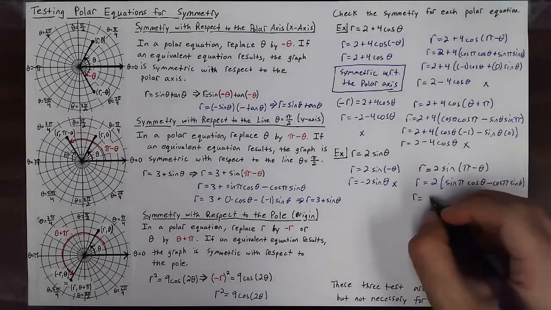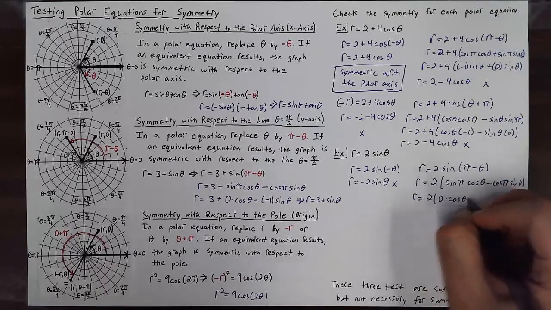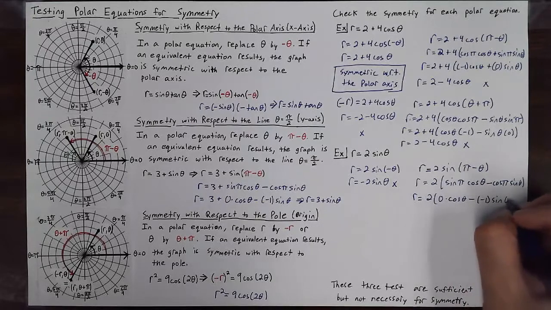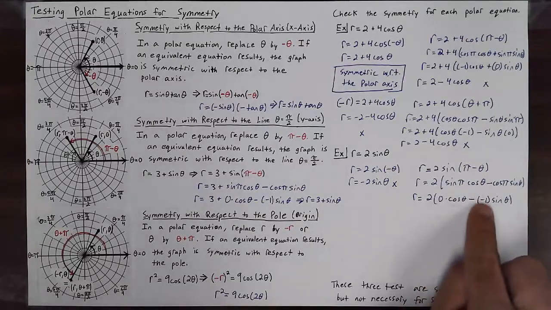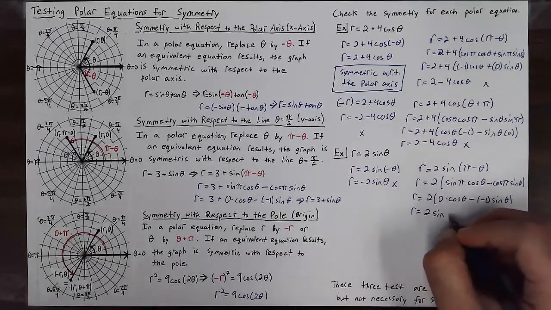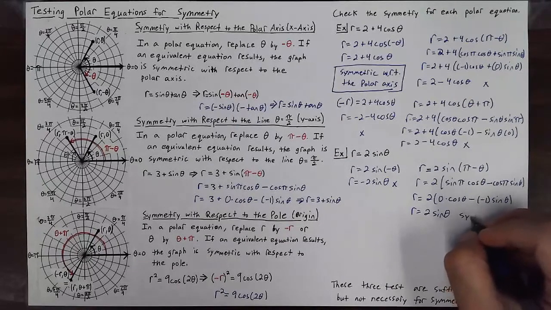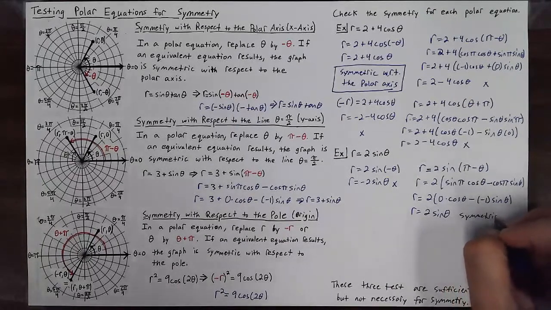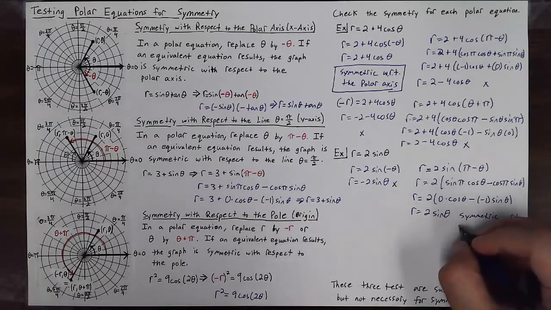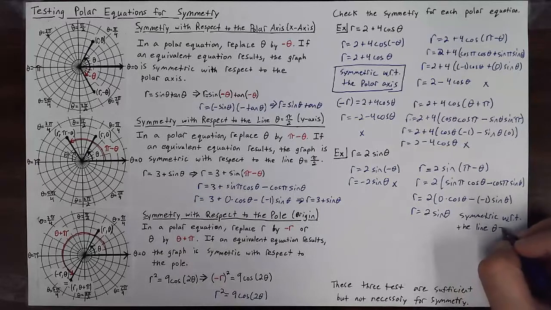And that just gives me 2 times sine of pi, which is 0, times cosine, minus cosine of pi, which is -1, times sine of theta. This is 0, that becomes positive sine, leaving with r is equal to 2 sine of theta, which is equivalent, so we say it is symmetric with respect to the line theta equals pi over 2.